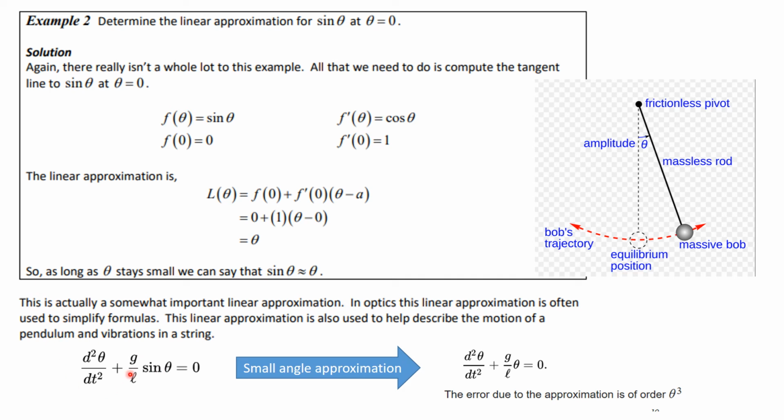This is a very nasty equation to solve because it is nonlinear. But if we say, oh, but the sine of theta for small angles of theta is approximately theta, I will change it into this problem, which turns out in differential equations to be a much simpler problem.